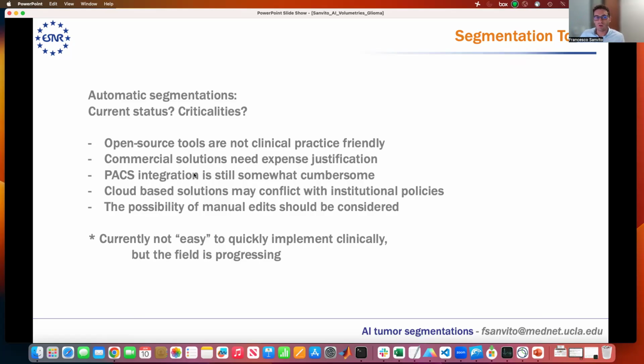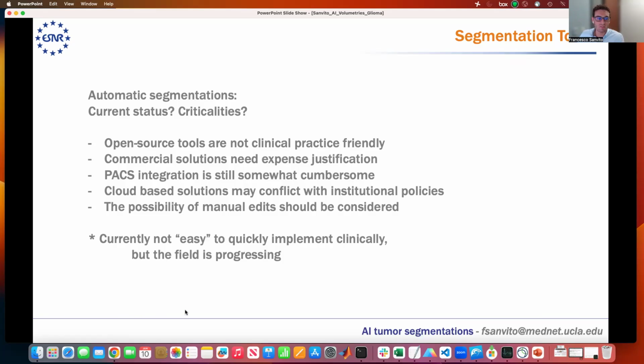PACS integration of the commercial solutions, it depends. Sometimes it's better, sometimes it's worse, sometimes it's a bit cumbersome. And the other aspect to consider is that cloud-based solutions sometimes conflict with institutional policies. So some hospitals are not super happy about sending images and data to cloud to the companies, but that depends on the hospital policies.